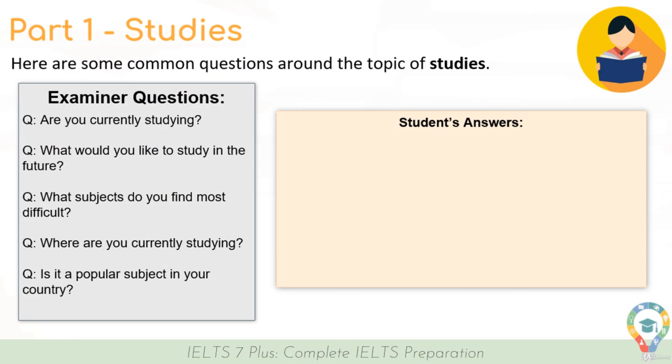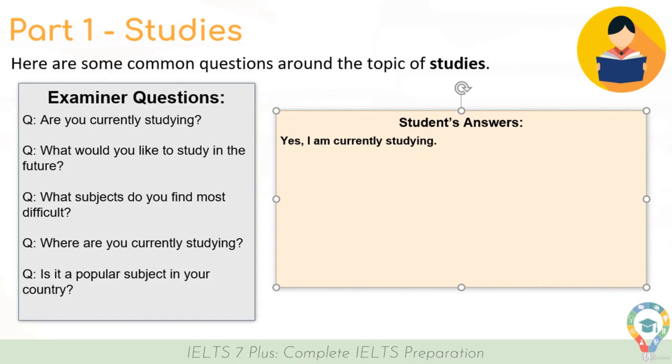Okay, let's take a look at our first question for the topic of studies. Are you currently studying? So, how would I go about answering this? I might say, yes, I am currently studying. Now, that's actually a pretty awful answer, and I can tell you why.